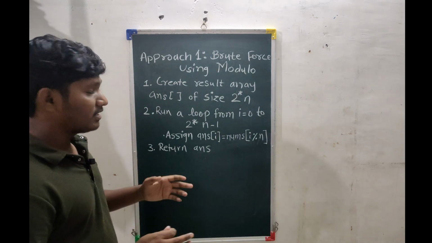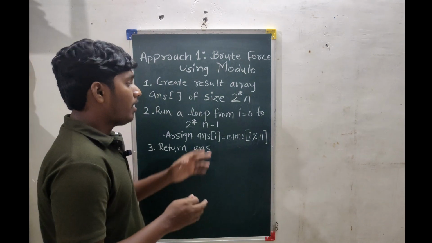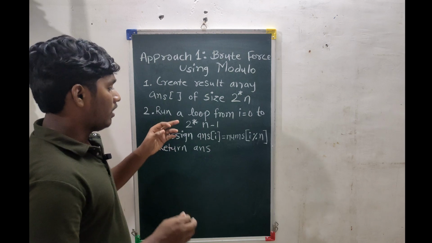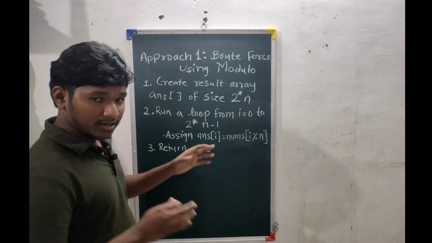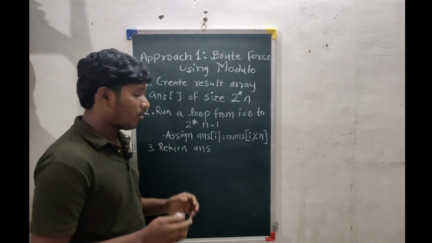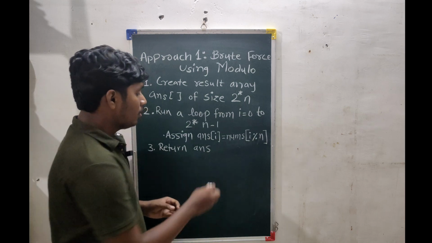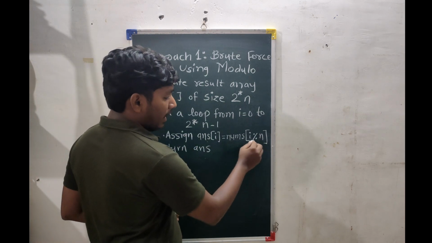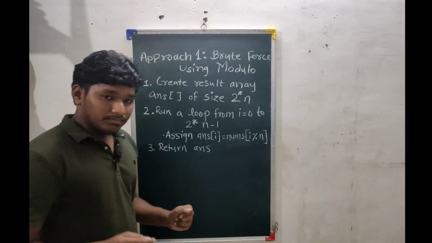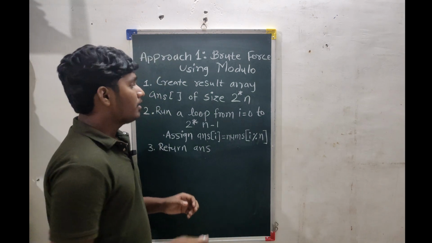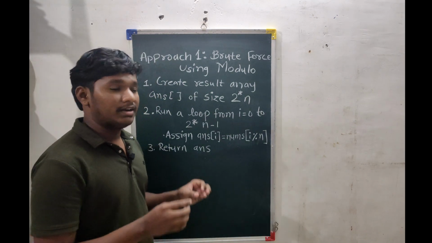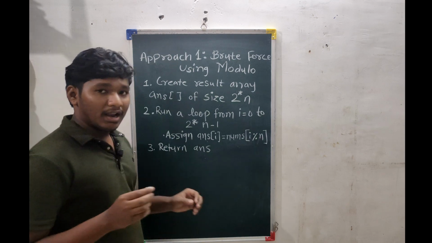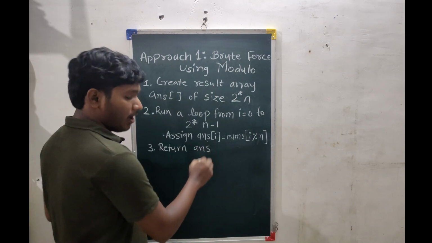Then in the second step we have to run a loop from i equal to 0 to 2n minus 1, and in each iteration of this loop we assign the value nums of i modulo n to our answer array. After the iterations we have successfully concatenated our arrays, and in the last step we return our answer.